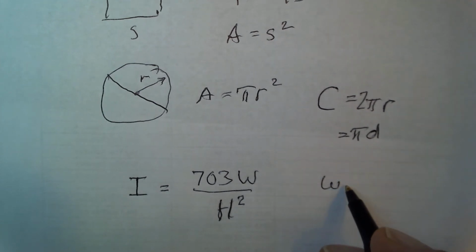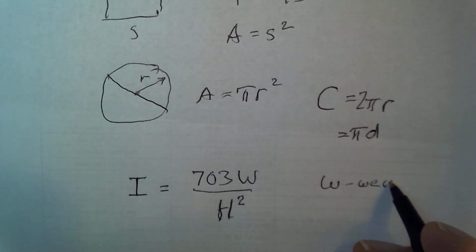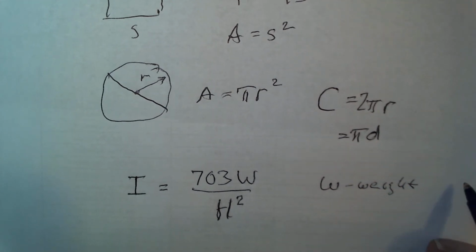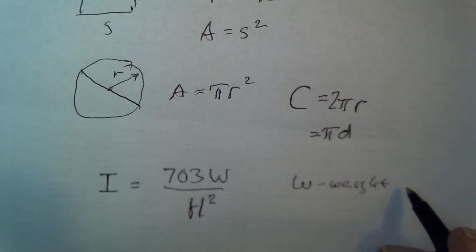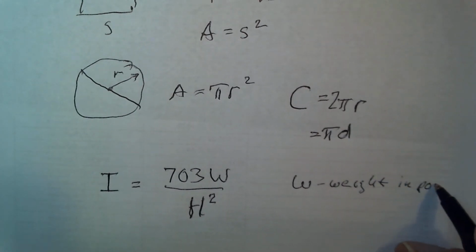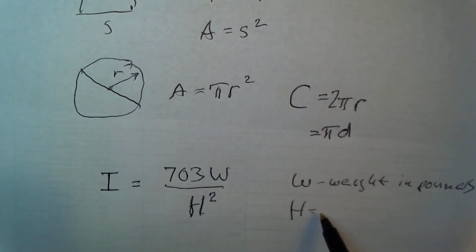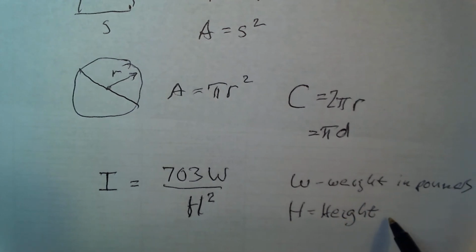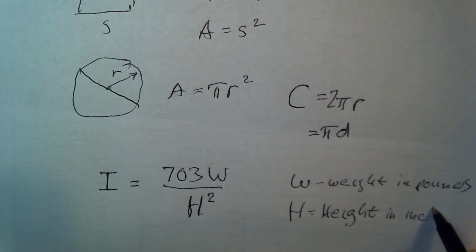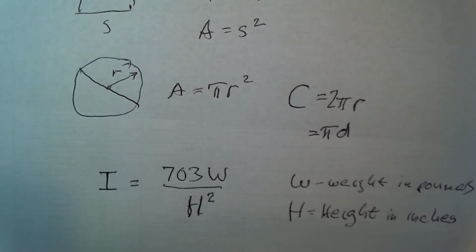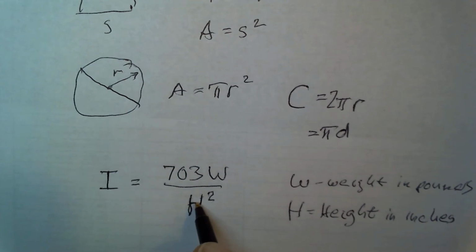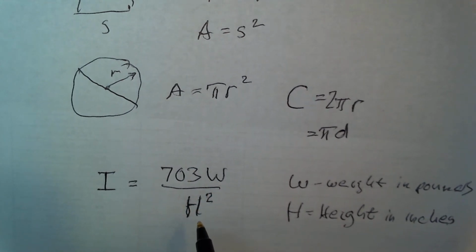So W, the weight in pounds, and h would be the height in inches. So the charts and tables and all of that models the relationship between height and weight and so on, but this is a formula to compute your body mass index or that of someone else.